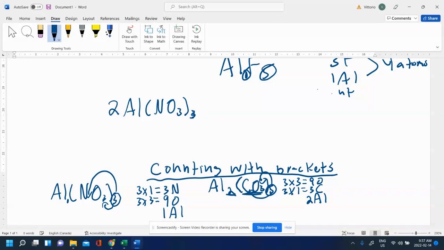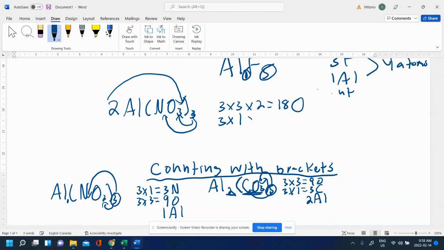If you want to find the number of atoms total, just take it step by step. We'll start with oxygen. For oxygen, first we'll do 3 times 3. But then don't forget you have times 2 because of the coefficient in the front. So that's now 18, right? 2 times more than what we'd have before. 18 oxygens. For nitrogen, 3 times 1. And then don't forget, times 2 as well.